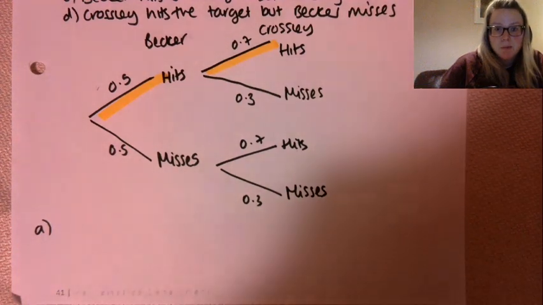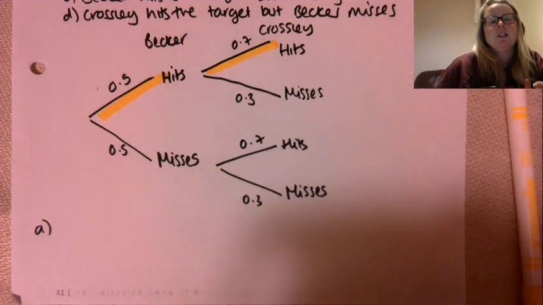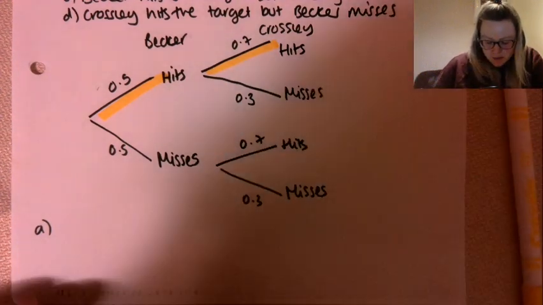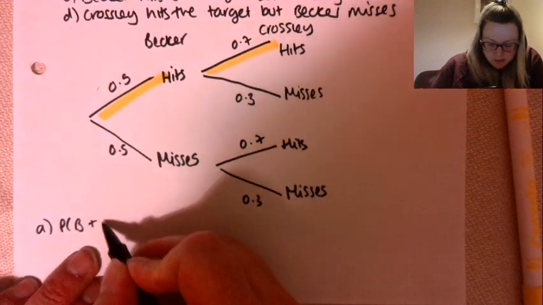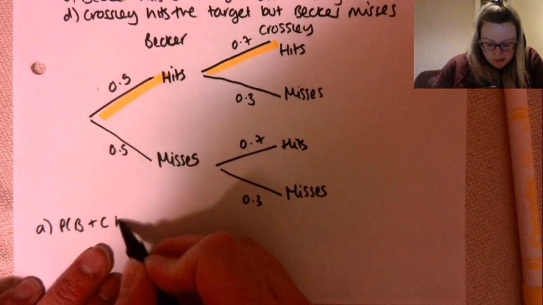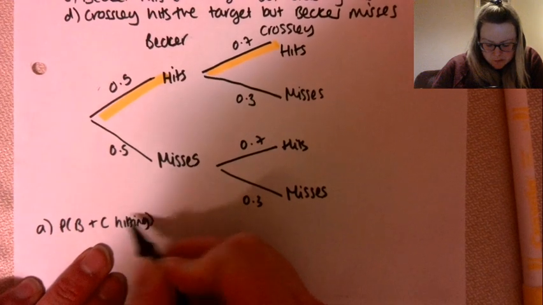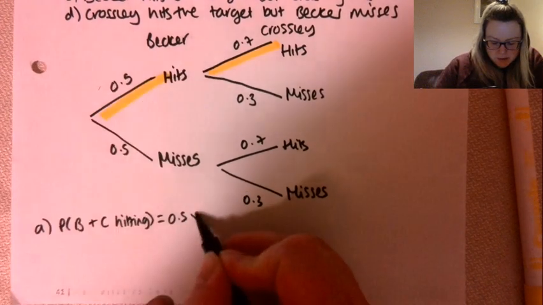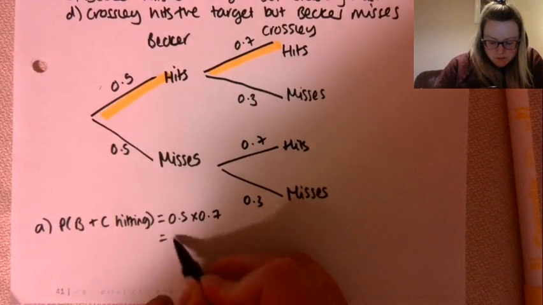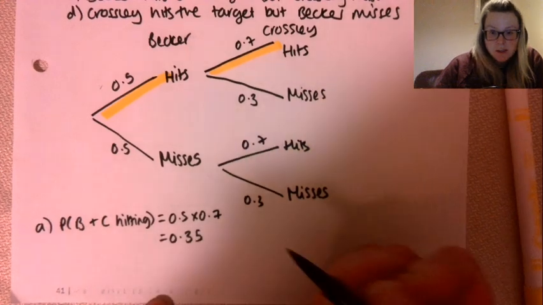Now if you remember back, if it's an and situation, that means we multiply. So the probability of Becker and Crossley hitting is going to be 0.5 multiplied by 0.7, which gives us 0.35.